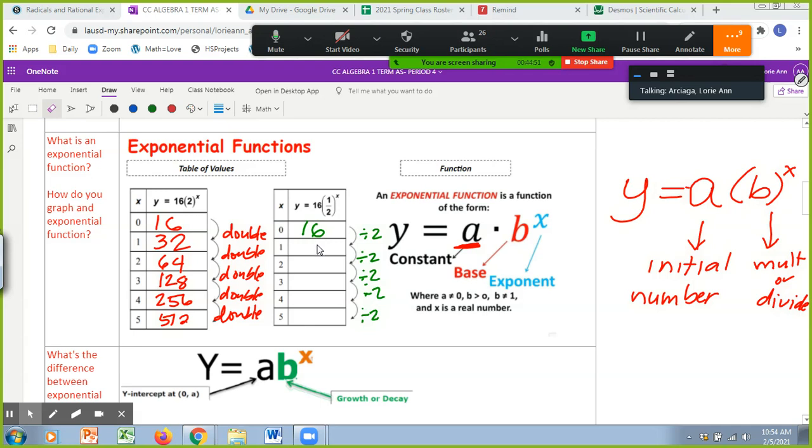Okay, now you're going to keep dividing by 2 to get the next one. Divide by 2. What do you get? I'm sure you meant 8, right? Okay, good. 8. 16 divided by 2 is 8. Keep dividing by 2. What's the next one? 4. Very good.